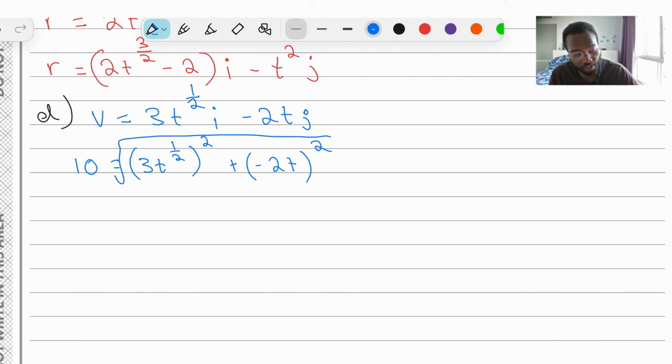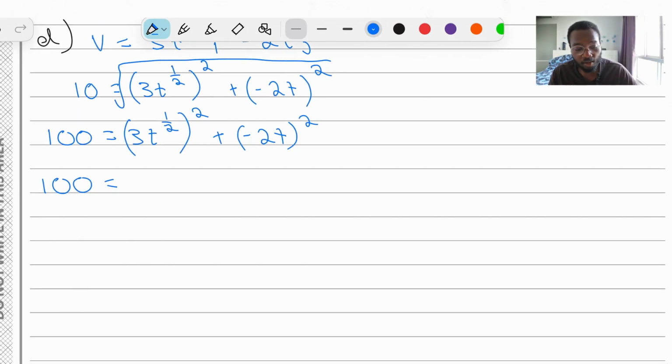And if you square everything, then we're going to get a 10 squared. So we're going to get 100 equal to 3t to the half, still squared, and then still have that minus 2t squared. So if 100 is equal to that, how do we work this out? Well, we do 3 squared first. So 3 squared is 9.